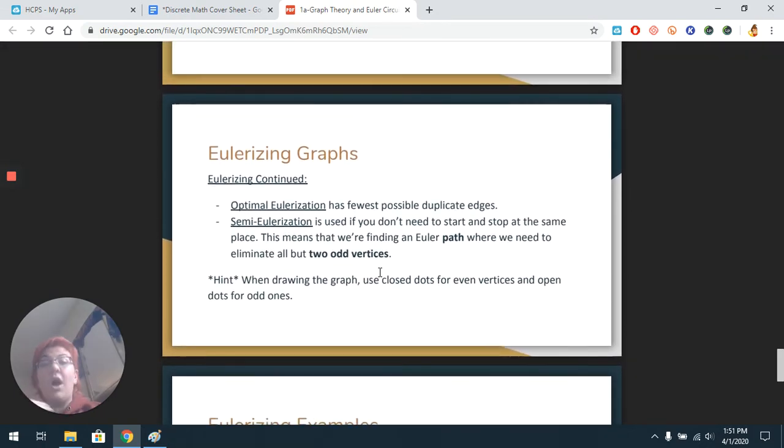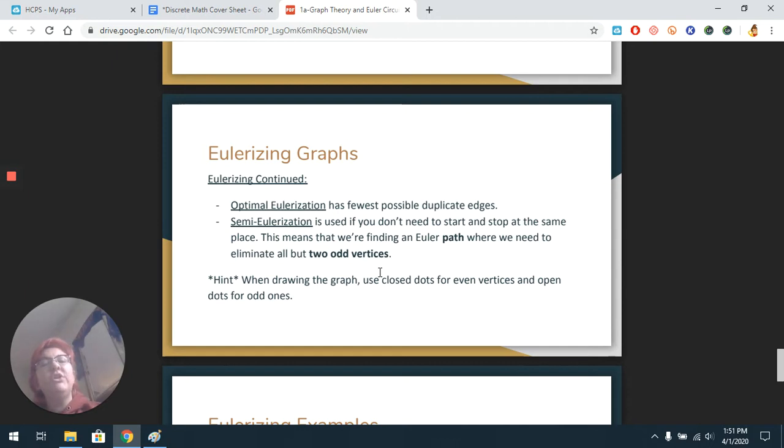So an optimal Eulerization has the fewest possible duplicate edges. Now, a semi-Eulerization is used if we don't need to start and stop at the same place. So we're finding an Euler path as opposed to an Euler circuit. So we're allowed two odd vertices.